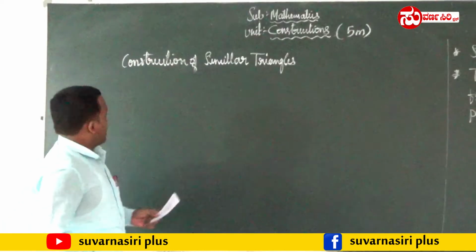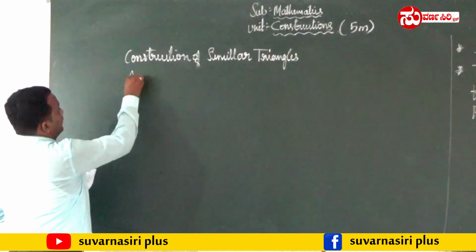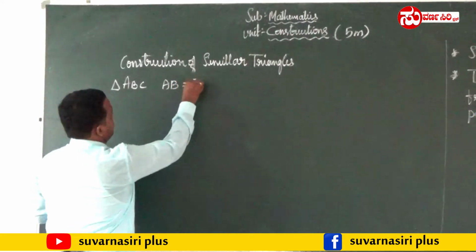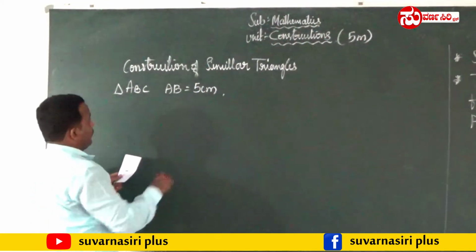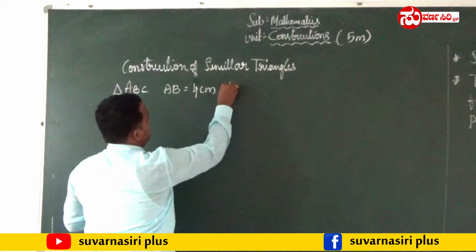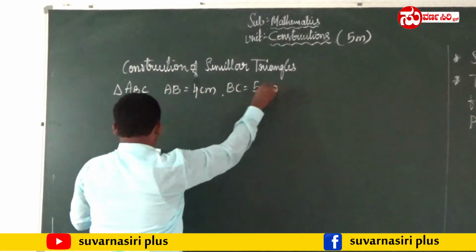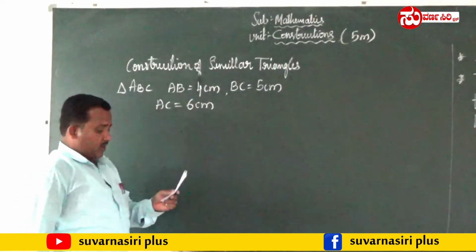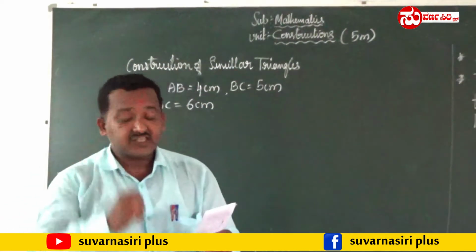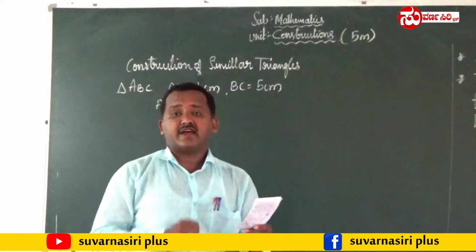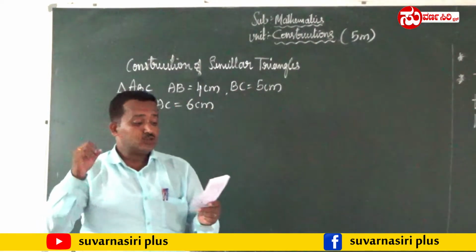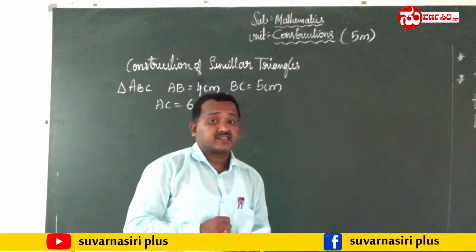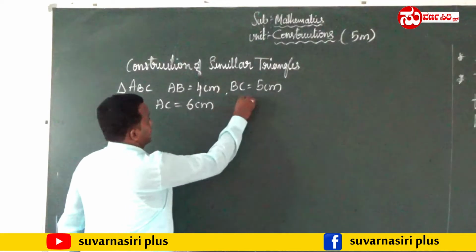Construct a triangle ABC where AB is equal to 4 centimeter, BC is equal to 5 centimeter and AC is equal to 6 centimeter, and construct another triangle whose sides are 2 by 3 of the corresponding sides of the first triangle. So the ratio of the corresponding sides is 2 by 3 here.